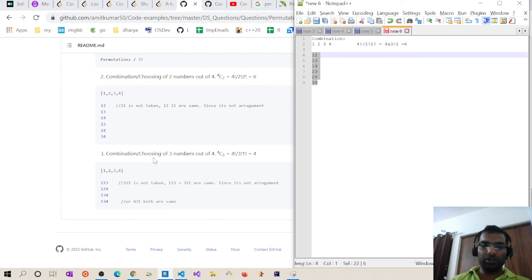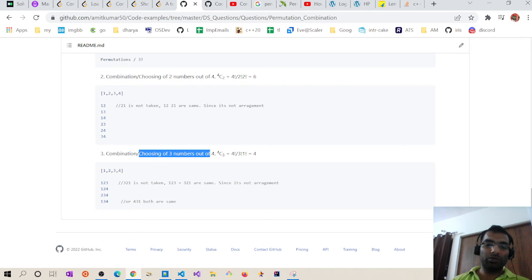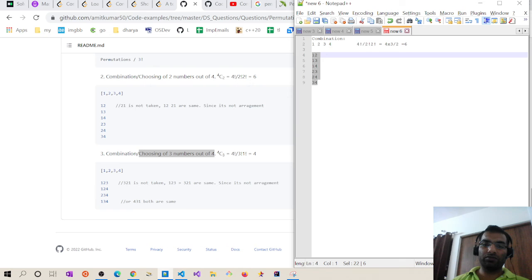What are the different number of ways of choosing three numbers out of four? Again, we have these four numbers: one, two, three, four. One choice will be one, two, three. Then one, two, four. Then two, three, four, and then one, three, four.